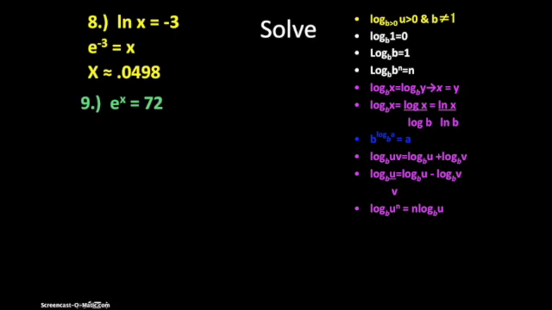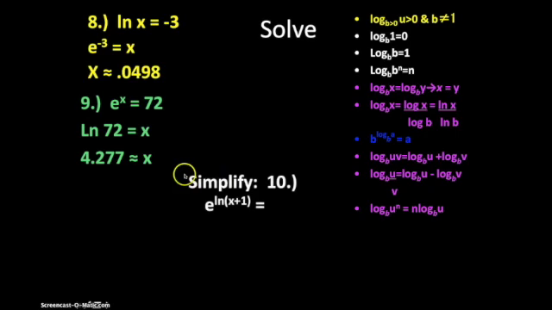And then we move on to e to the x equals 72. Here we are in base e again. Natural log is base e. And so we would want to get the x by itself by writing this as a logarithm, in this case a natural log. So natural log base e of 72 is x. And if we look that up on a calculator, we find it to be 4.277. Notice my log rules over here, always there for reference as to what you should be referring to.